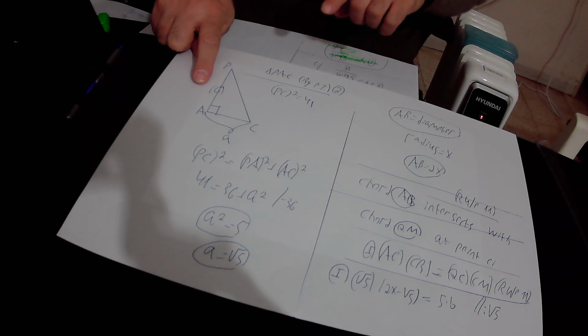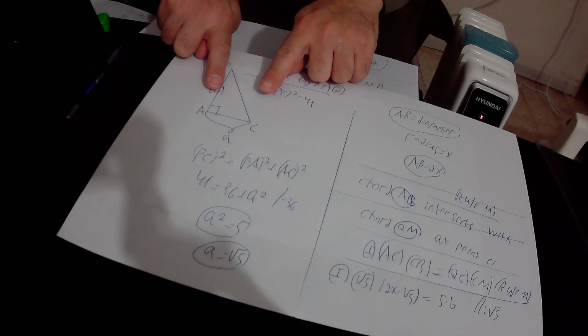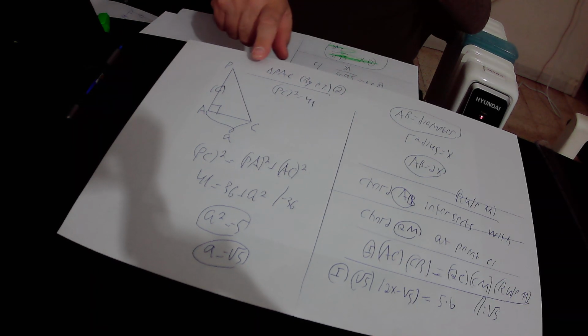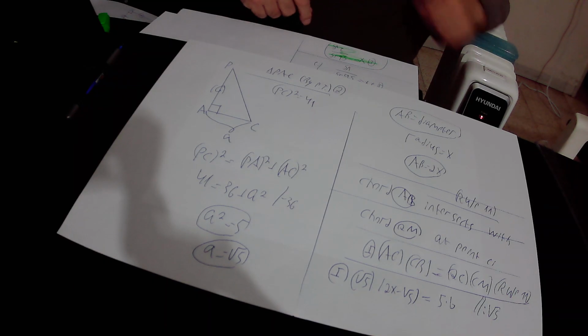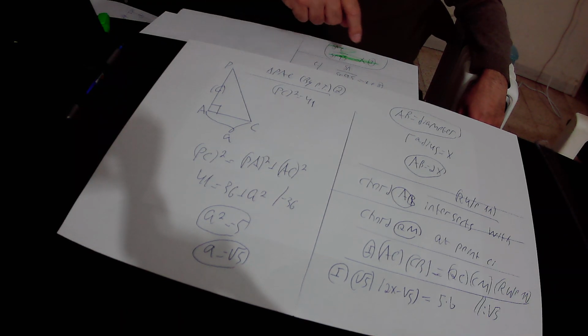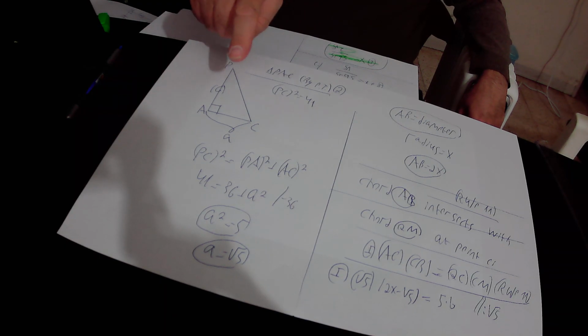We define the length of side AC as a, and we already found out that PC squared equals 41. Here PT is the version for Pythagoras theorem. According to the Pythagoras theorem, in this right triangle PAC, PC squared equals PA squared plus AC squared.